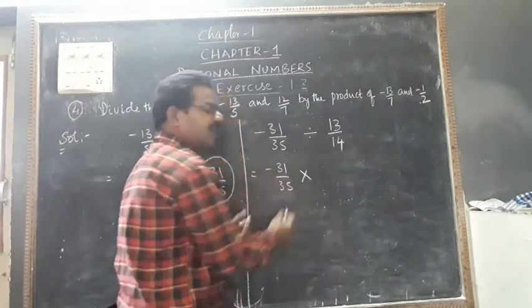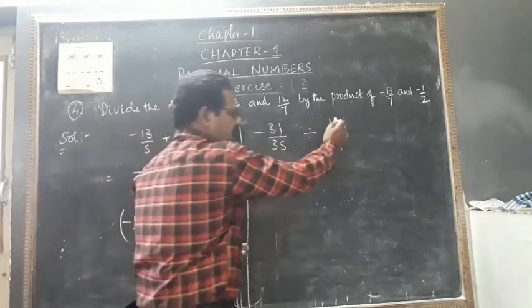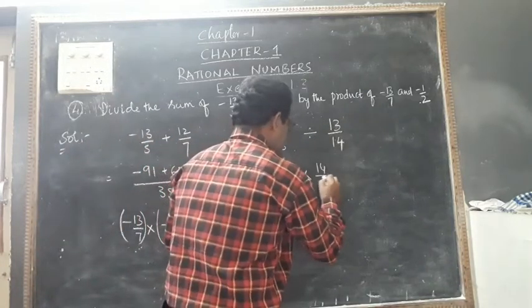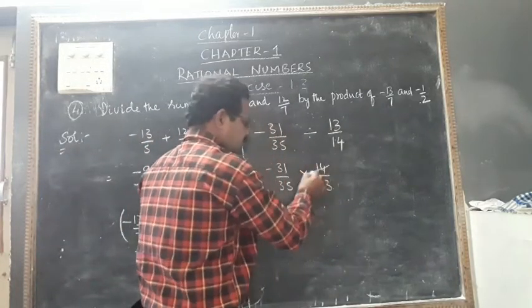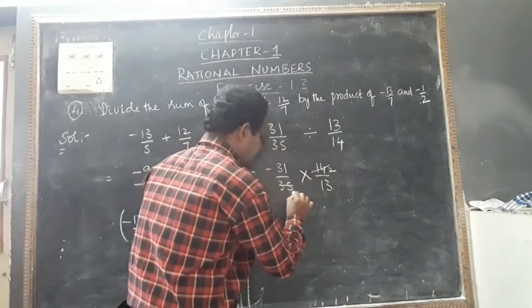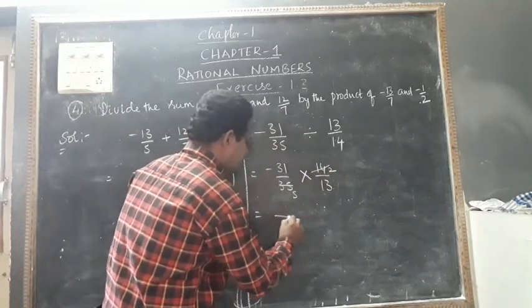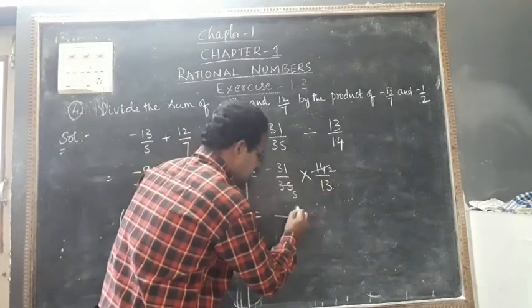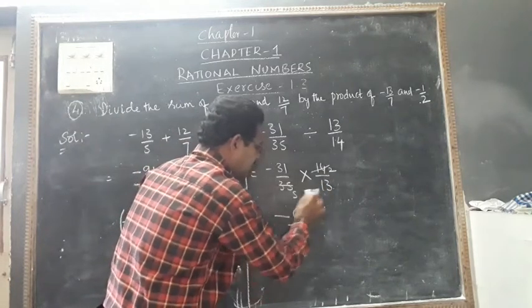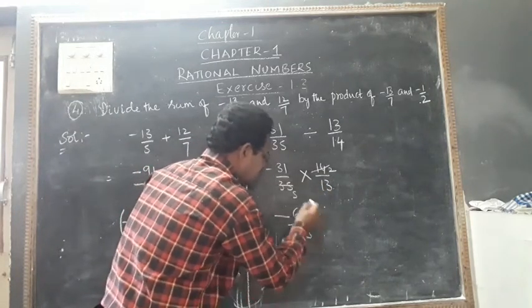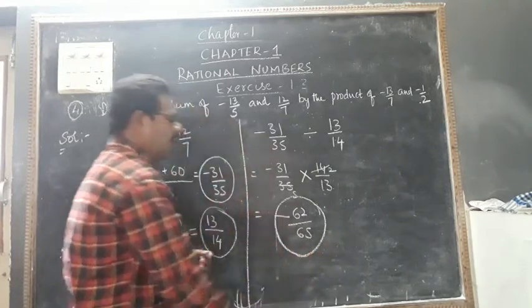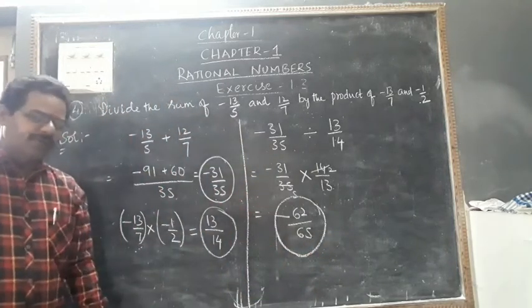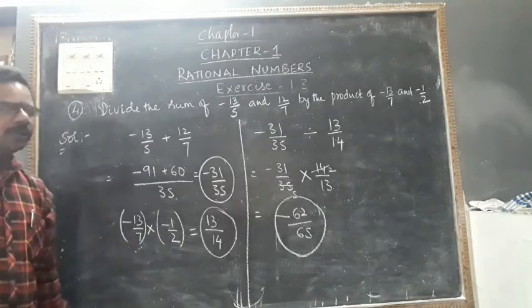Divided by will be converted into multiplication. So the fraction will be reversed, 14 by 13. In the 7 table, 7 2s are 14, 7 5s are 35. So this is equal to minus 31 2s are 62 by 13 5s are 65. So the answer is equal to minus 62 by 65. Okay, please note down.